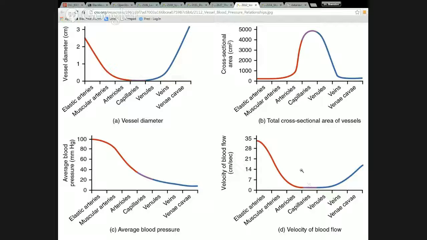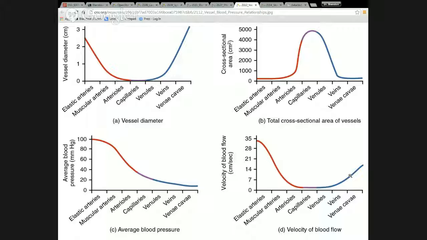But in fact, it doesn't, because to offset that, the vast number of capillaries means that there's a lot of space for the blood to flow through. It might be moving kind of slowly, but it's going to get through there. And then as vessel diameter increases as we get into the venous return, flow increases even though pressure decreases. And again, that's something that I made a point of in lab, looking at the micrograph of the artery next to the vein.